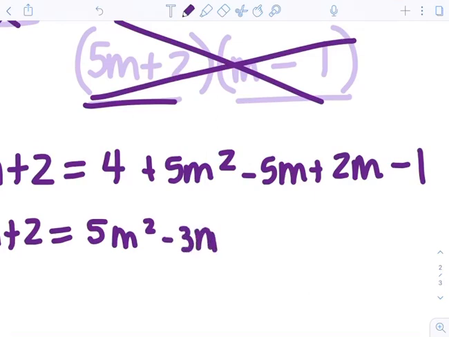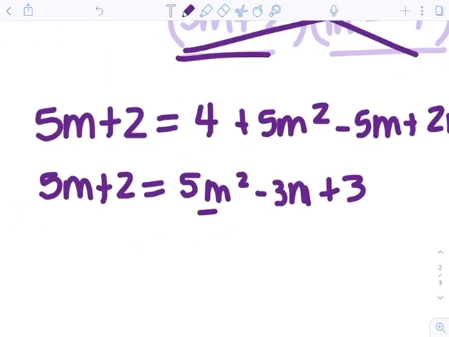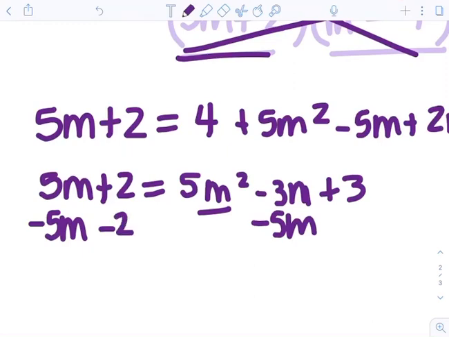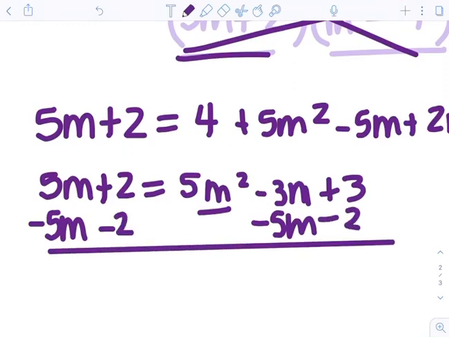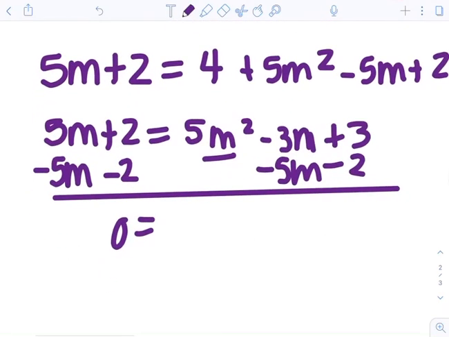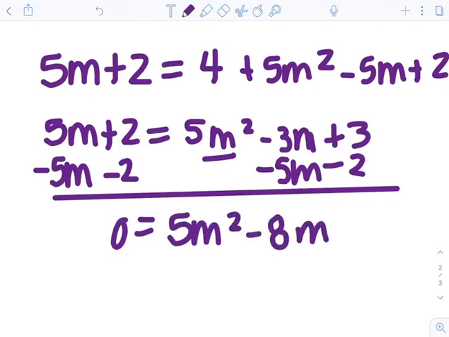And then 4 minus 1, that's 3. Okay. Look, I have an m squared, which means I have to solve by factoring, so I have to get everything set equal to 0. So I'm going to bring over this 5m and the 2. So 0 equals 5m squared minus 8m plus 1.